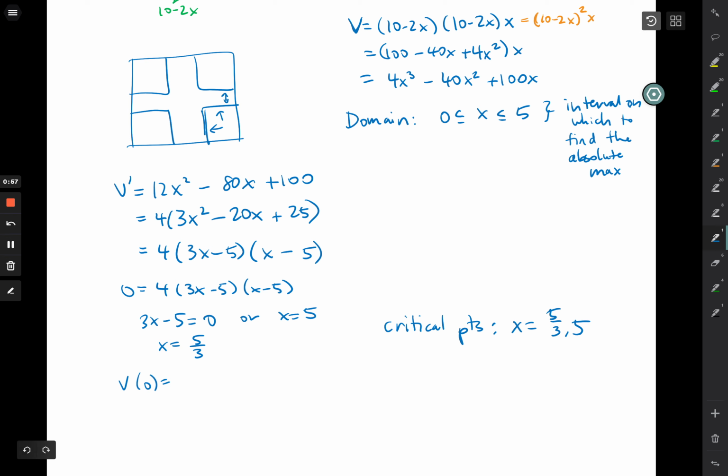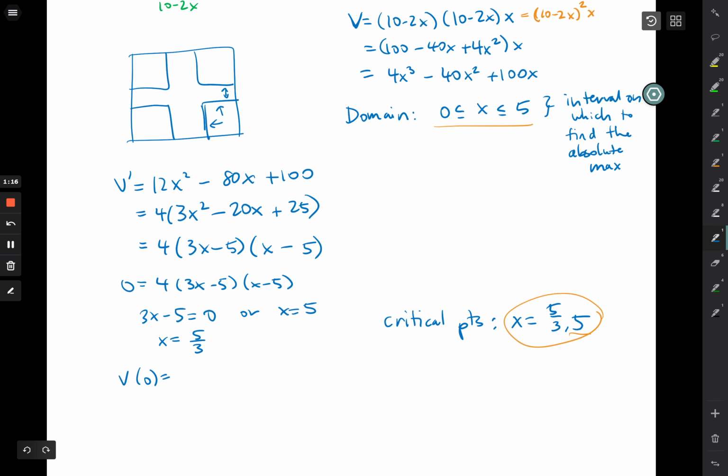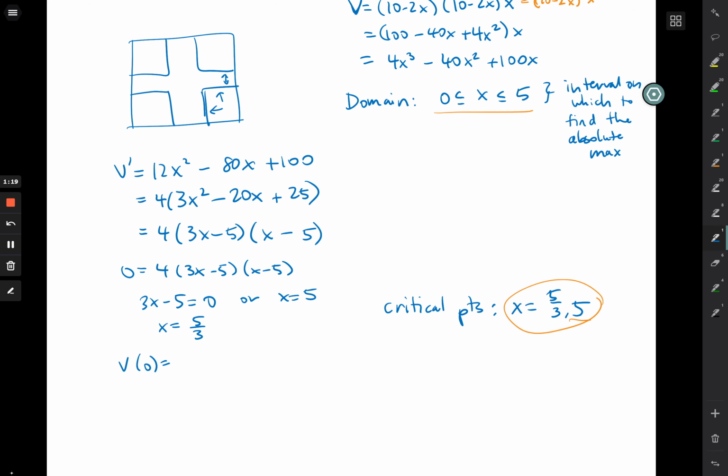Now, to find the absolute max, we use the endpoints of the interval, so that will be 0 and 5, and then also our critical points. So we just need to evaluate V of 0, V of 5/3, which you should verify for yourself does lie in the interval 0 to 5.